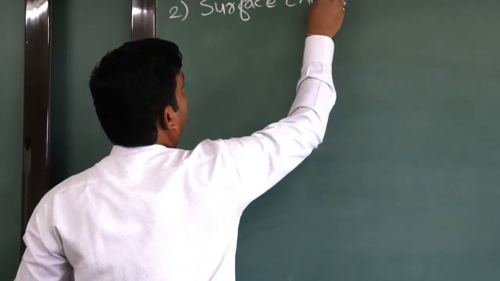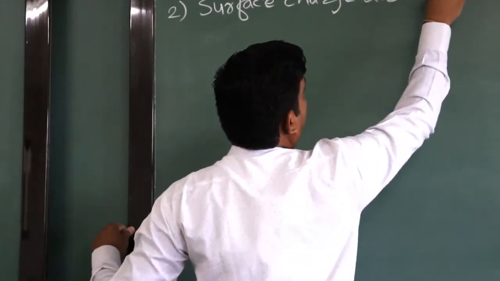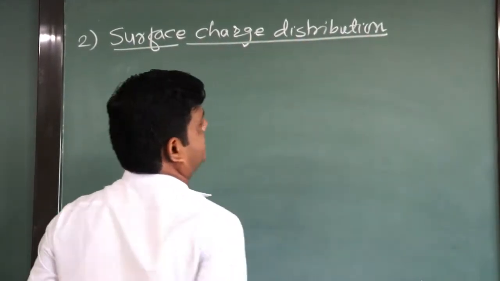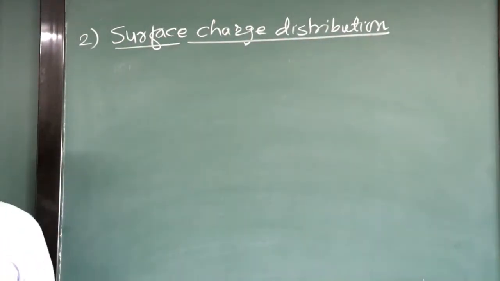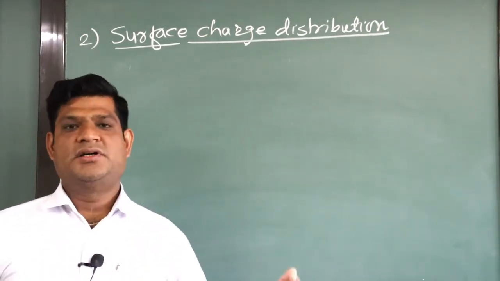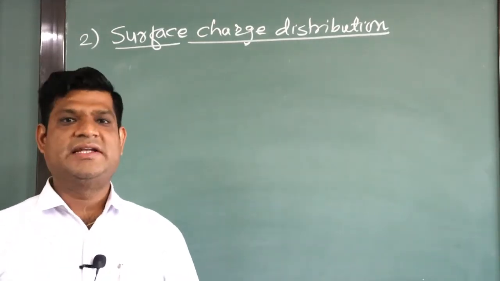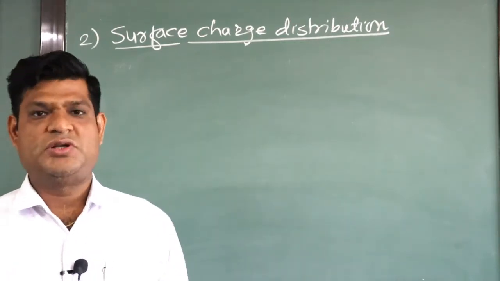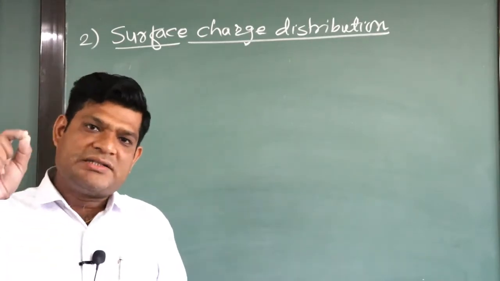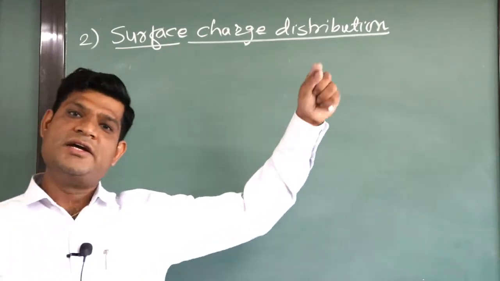In this, the charges are uniformly distributed on the surface. Suppose the charges are uniformly distributed on the wall, on the sheet, that we can call surface charge distribution. Suppose we have a balloon and on the skin of the balloon the charges are uniformly distributed, then we can say that it is the surface charge distribution.